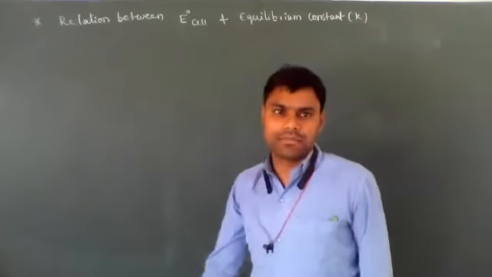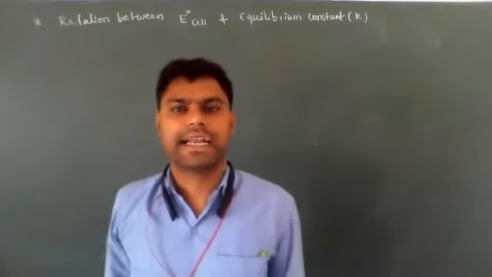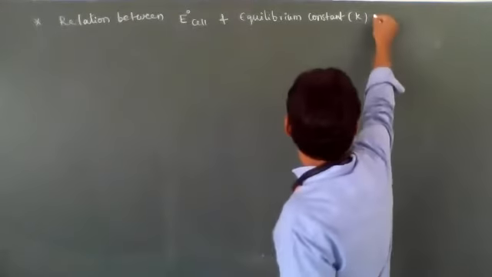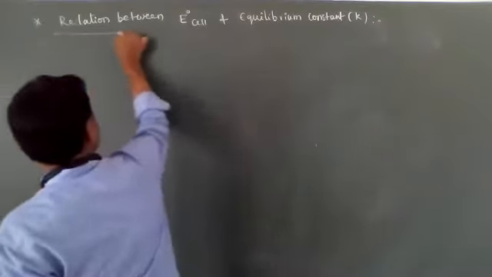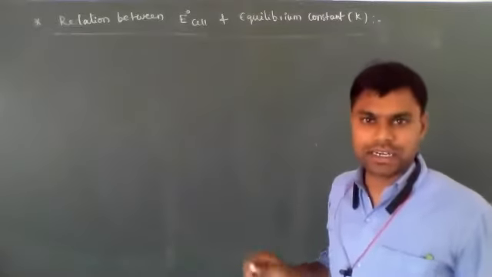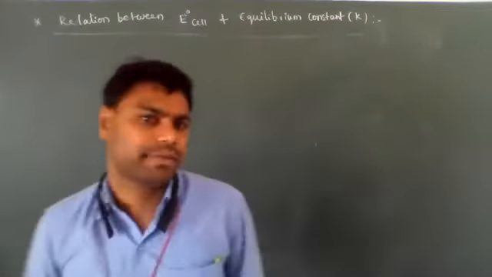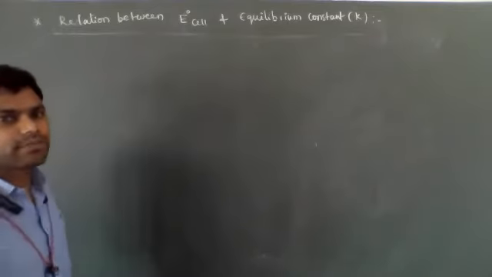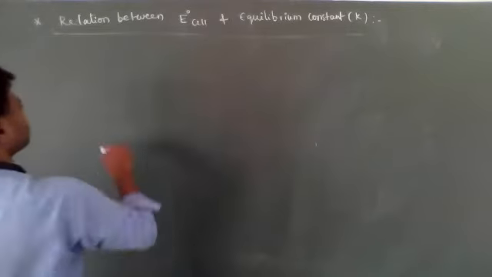What is the important relation between E0 cell and equilibrium constant? Very, very important one. According to this relation, some objective questions are coming in NEET, JEE and CET examinations.